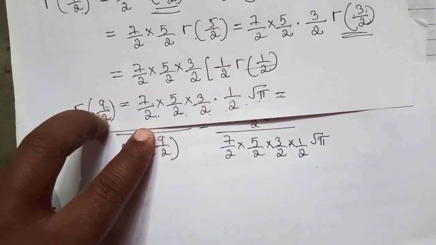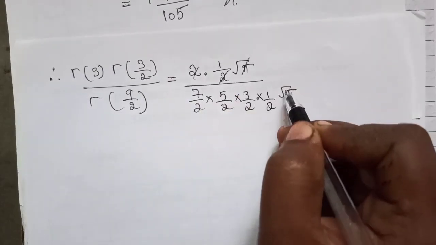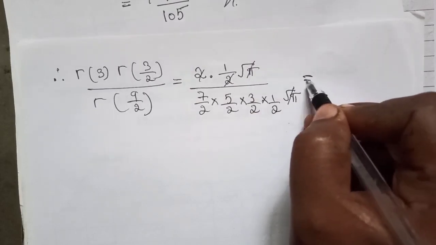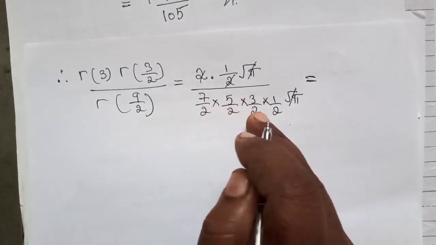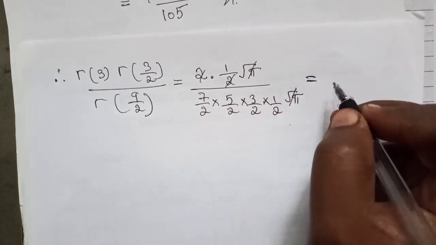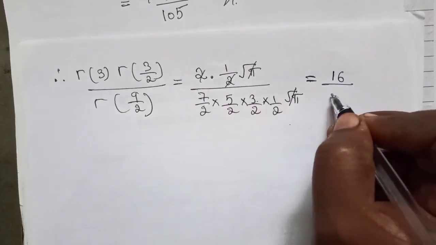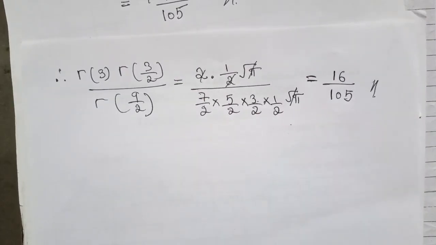Further simplifying, the 2 gets cancelled and root pi gets cancelled. Cross multiplying we get 2 into 2 into 2 into 2, that is 2 power 4, which is equal to 16. Then 3 into 5 is 15, and 15 into 7 is 105. So this is the required answer.